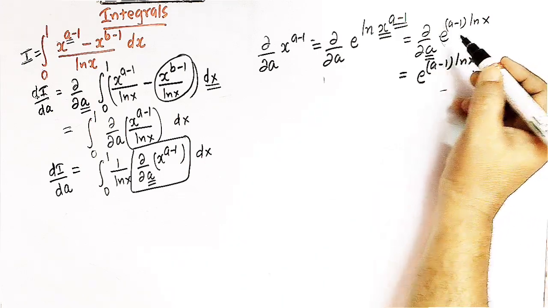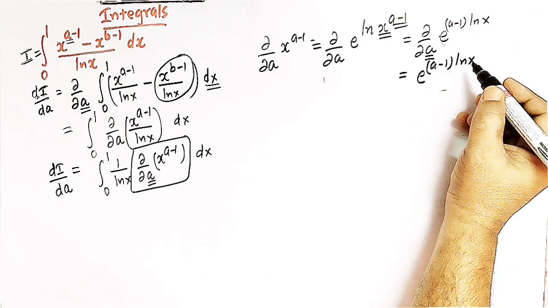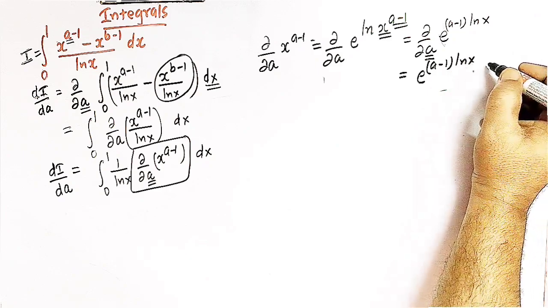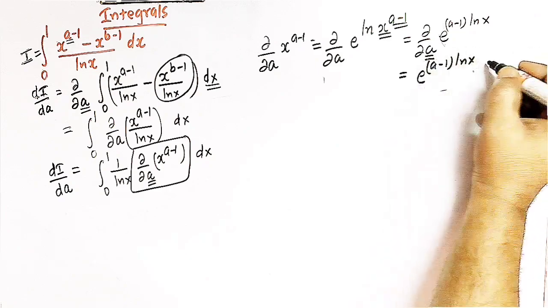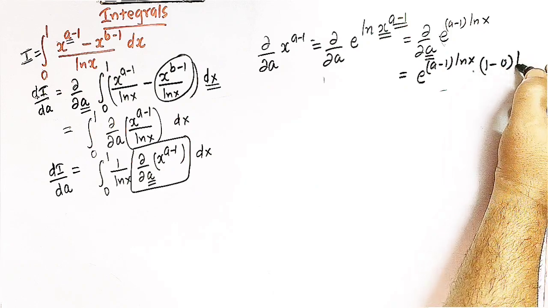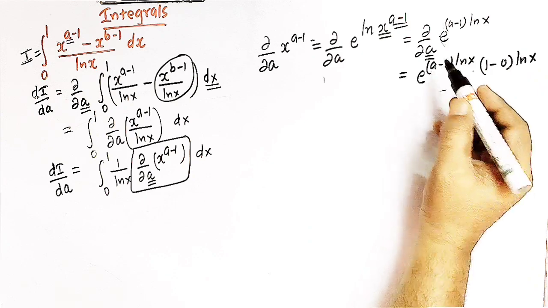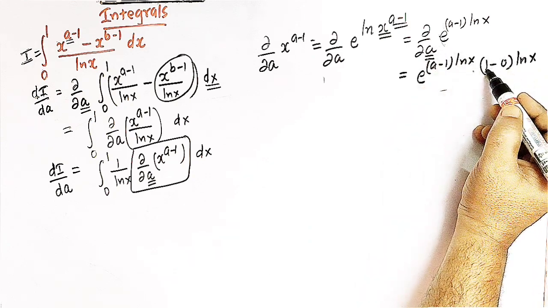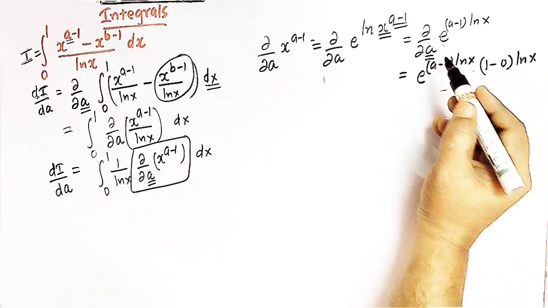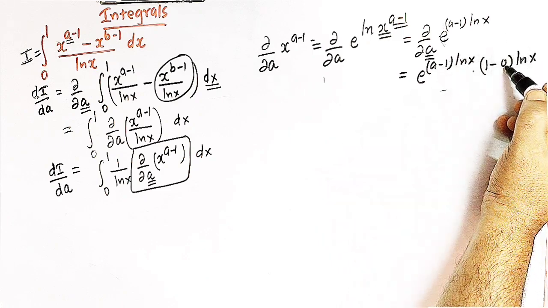And then by chain rule, the derivative of a minus 1 times natural log of x with respect to a is simply 1 minus 0, and here we have natural log of x, because the derivative of a with respect to a is 1, and the derivative of 1 with respect to a being a constant is 0, right?